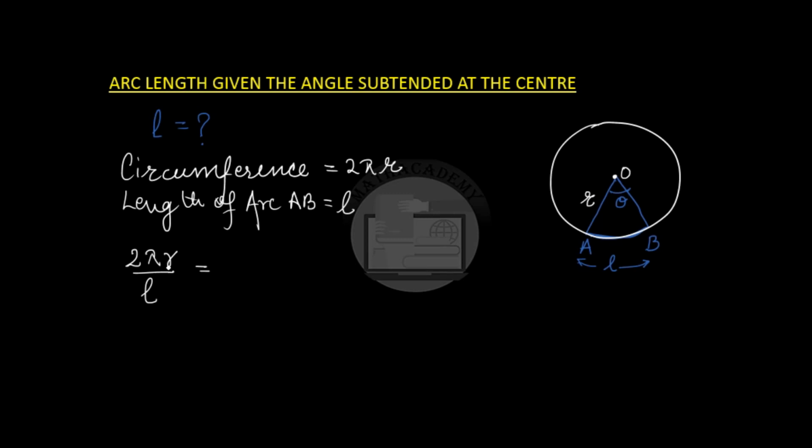So the entire circle forms an angle of 360 degrees at the center. This entire angle is 360 degrees and the arc is forming an angle of theta at the center.